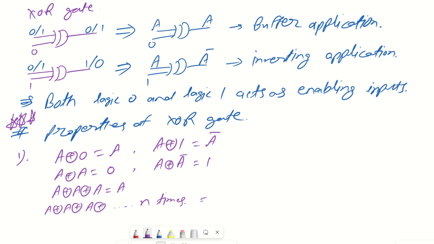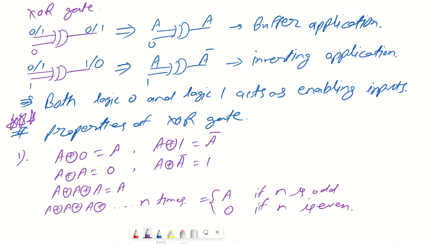It will give me A if n is odd. If n is even, the number of ones will always be even, and in that case it will be 0. Got it?